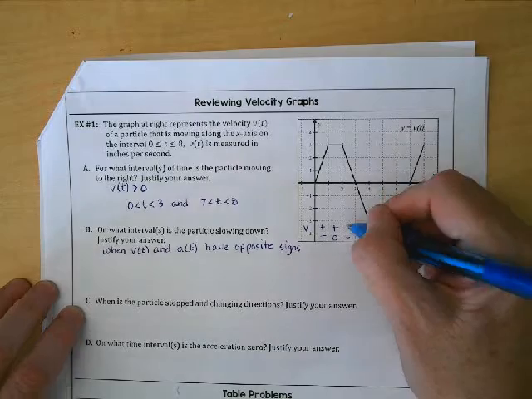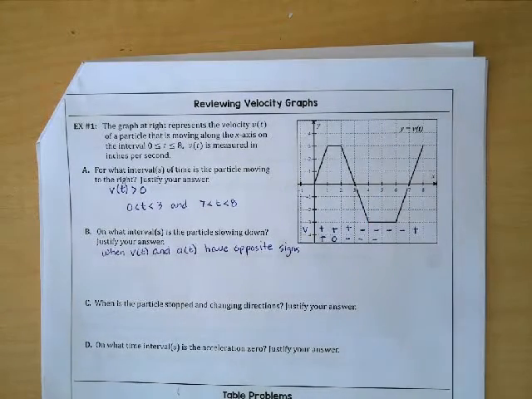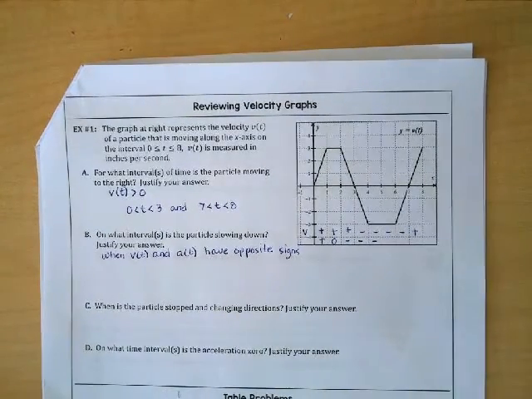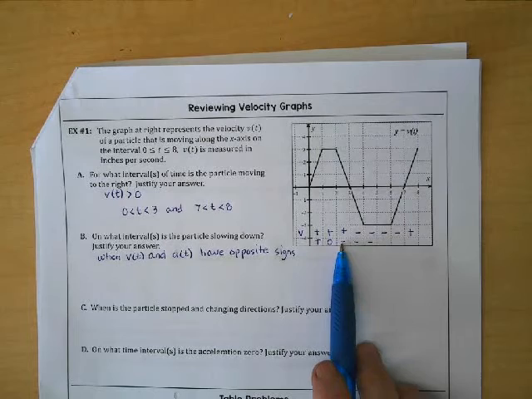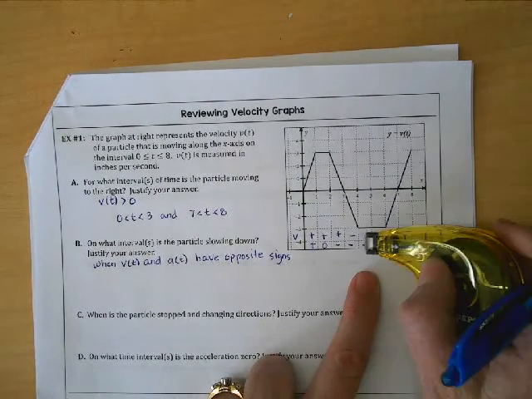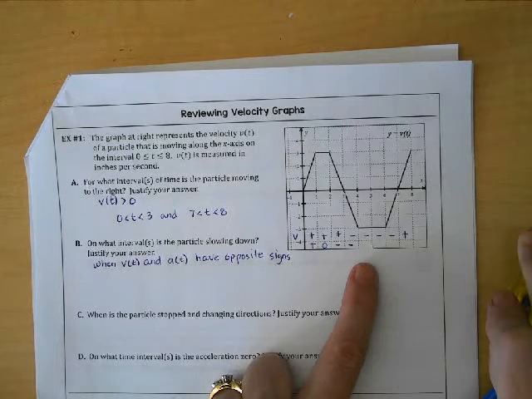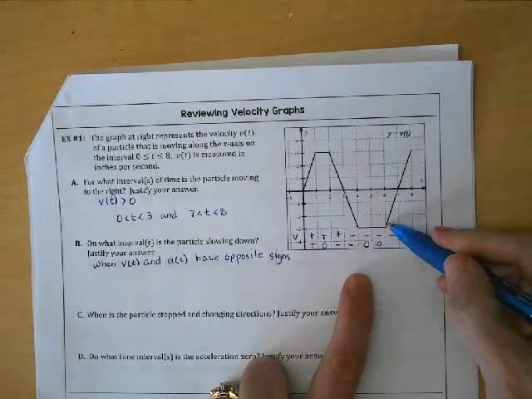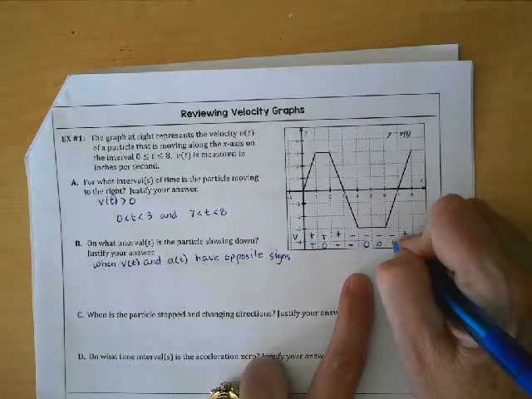Did I do that right? No, it looks like that should have been a negative right there. Let me see if I have some white out. Oh, no, never mind, I got it. Oh, I see, that's where I messed up. So here acceleration is 0, and now acceleration is the slope, positive.